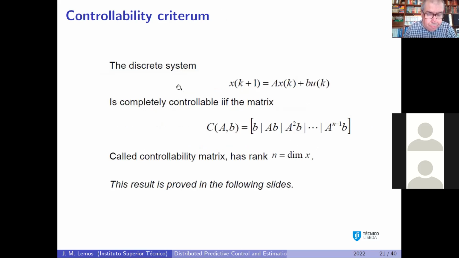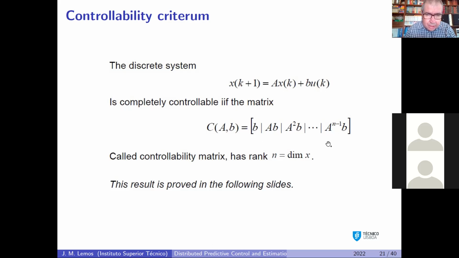I have a criterion that I'm going to show. And the criterion is this. I build this matrix. So I pick up vector B of the model. Then I compute AB, which is again a vector, and I put it as a second column of this matrix. Then A squared B, etc., up to A to the n minus 1 multiplied by B, where this n is the dimension of x. Suppose that the system has just one input.